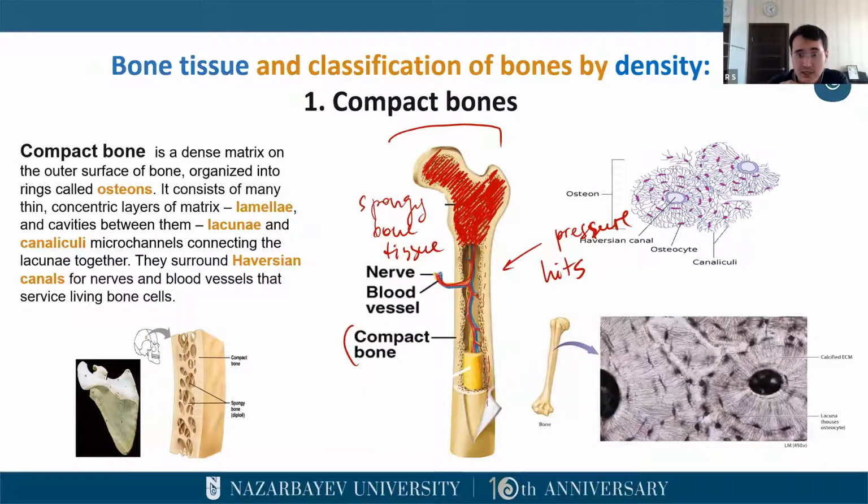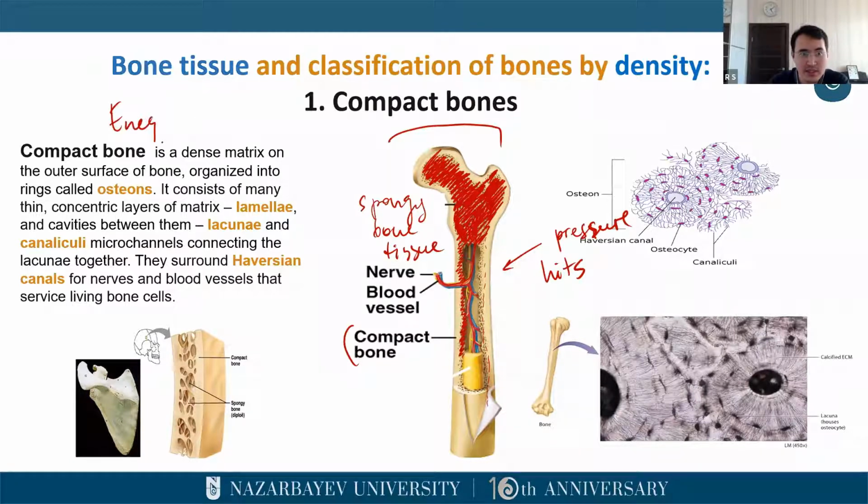And actually we have it from our ancestors, so dinosaurs, etc. They all were evolving in a way to have the most efficient mass and energy spending.